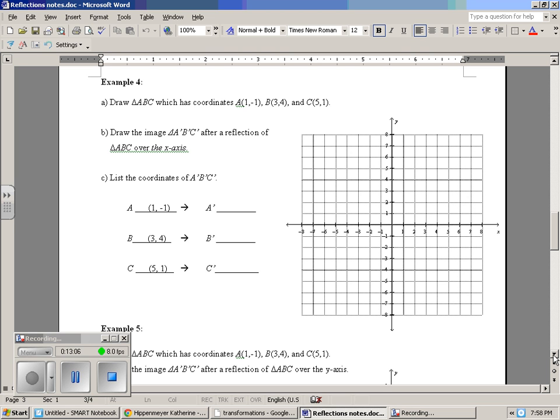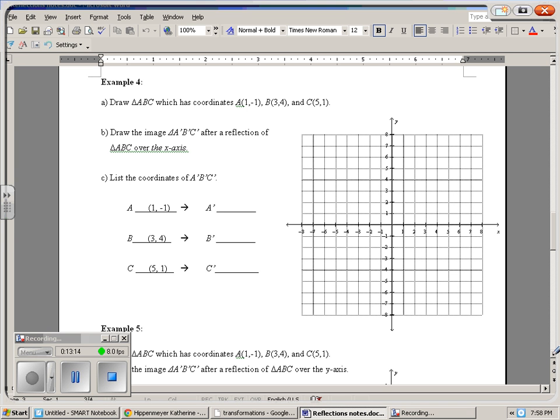Draw the image triangle A'B'C' after reflection of triangle ABC over the x-axis. All right, so A is at 1, -1, B is at 3, 4, and then C is at 5, 1. And we make our triangle.